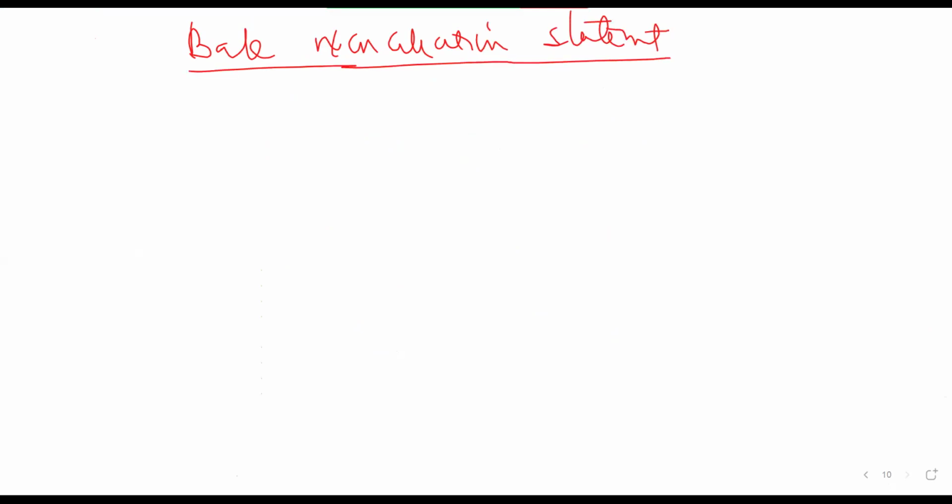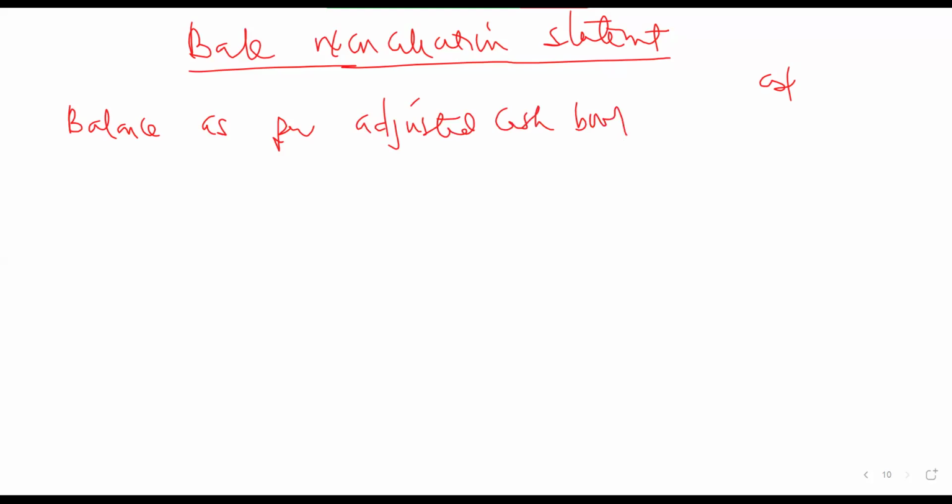You always start with the balance as per the adjusted cash book. So that was 72, what did you get? 72,640. Then we add what?